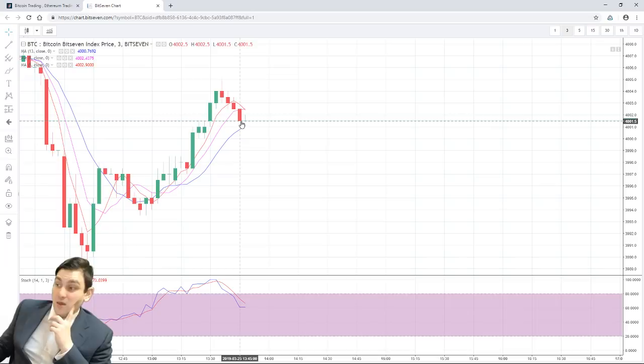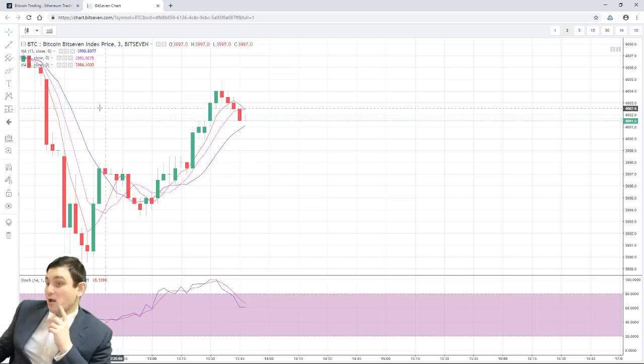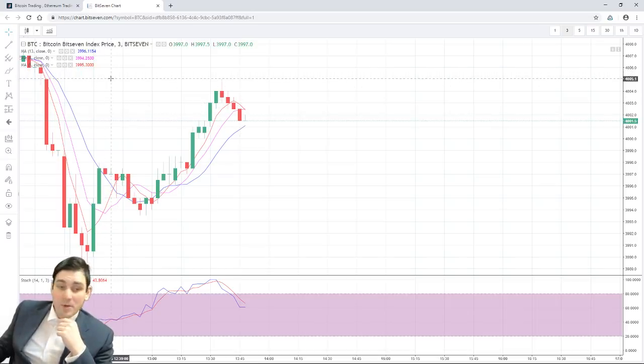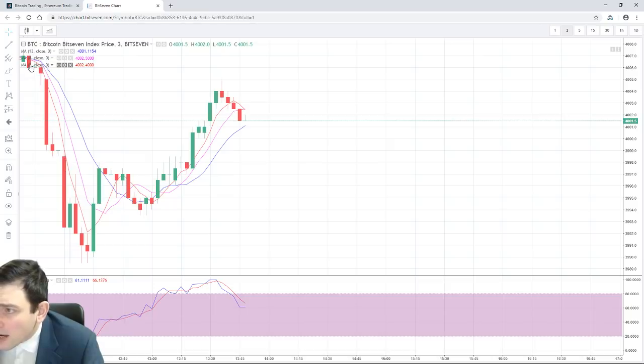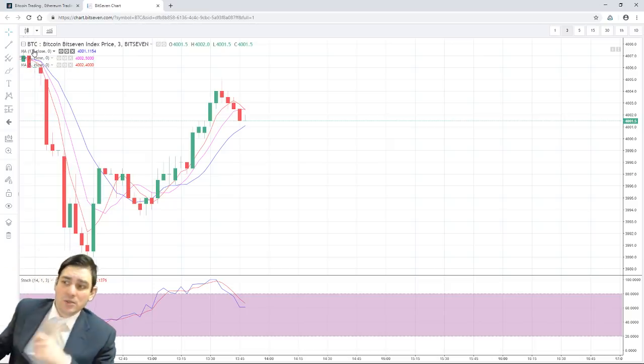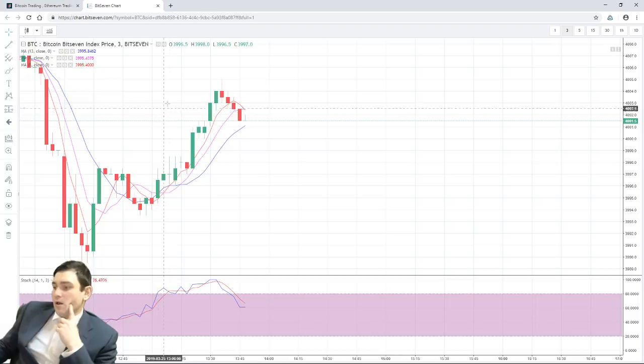By the way, I'm using Japanese candles, and I also use stochastic, and also I use three moving averages with 5 window, 8 window, and 13 window.